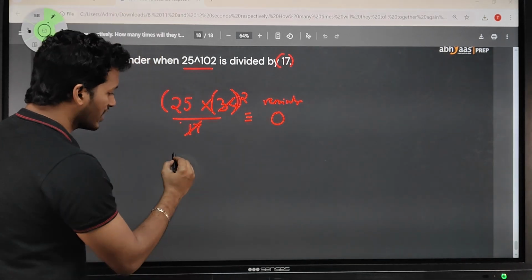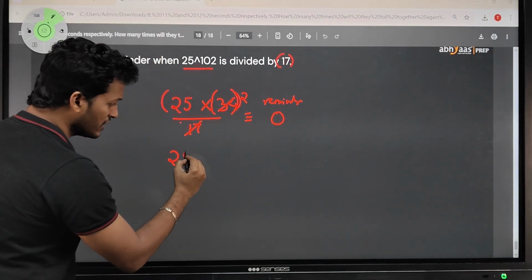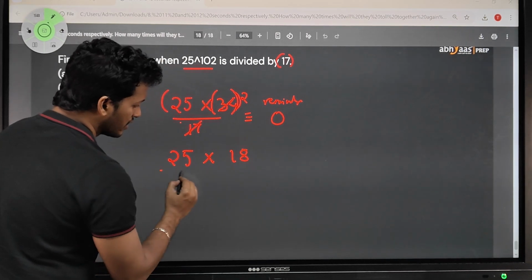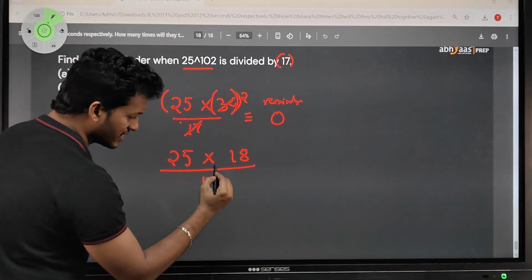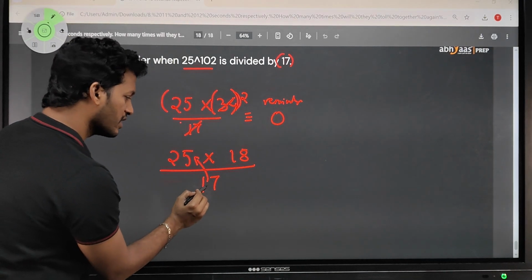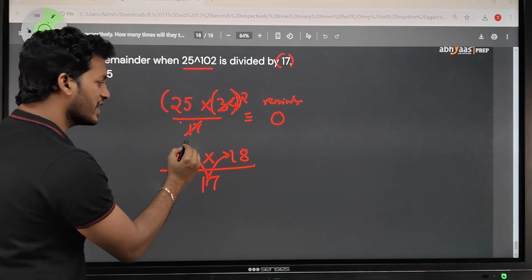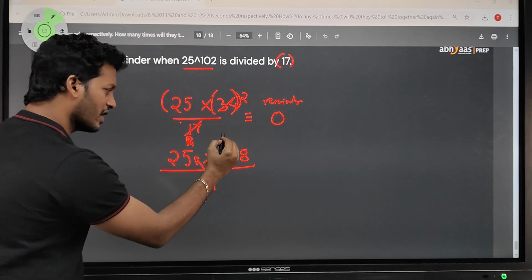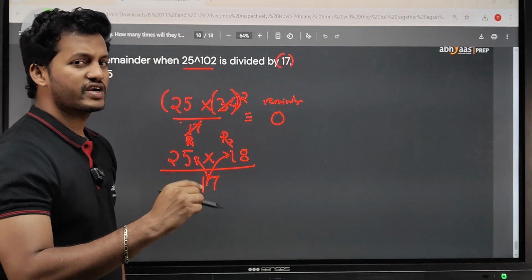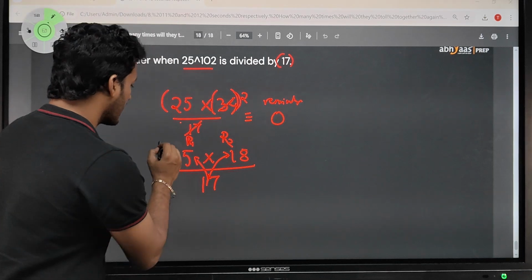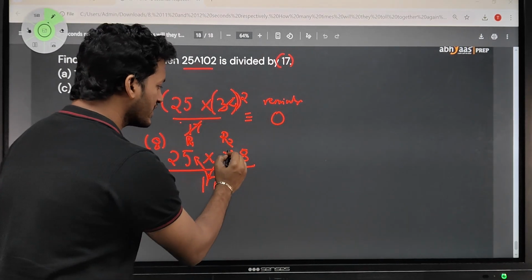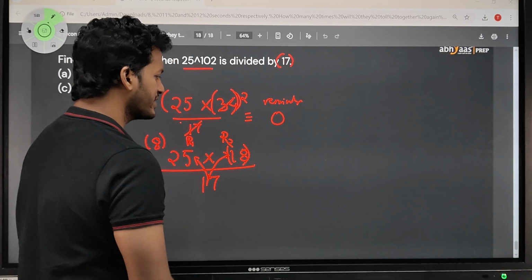So here what I wanted to say is, if you multiply two numbers and you have to divide by another number, you can check the remainder of each of these two things, and you can directly multiply remainder 1 and remainder 2. What is the remainder of 25 when it is divided by 17? Yes, it is 8. And what is the remainder of 18 when it is divided by 17?